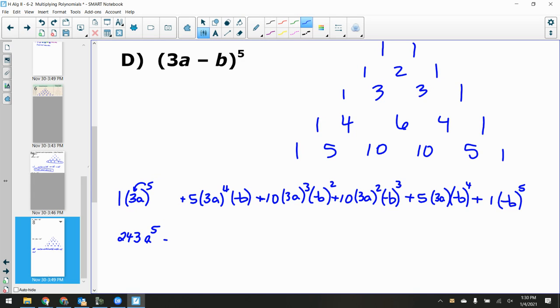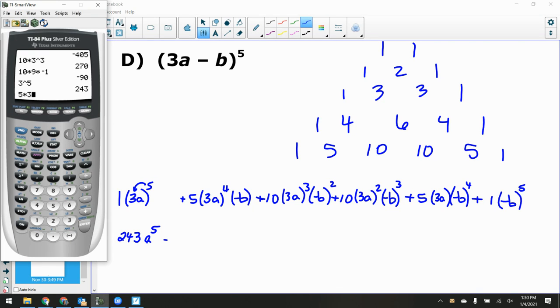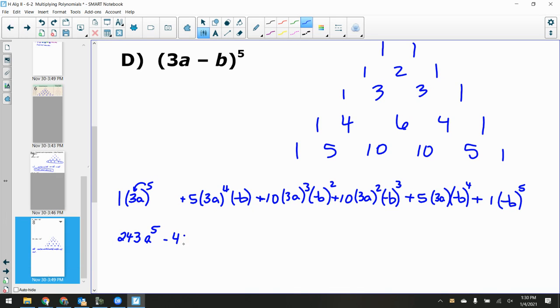And now for this second term, I'm writing a minus in there because look, this negative b is going to change my sign. And then I've got 5 times 3 to the 4th. 405. A to the 4th, b.